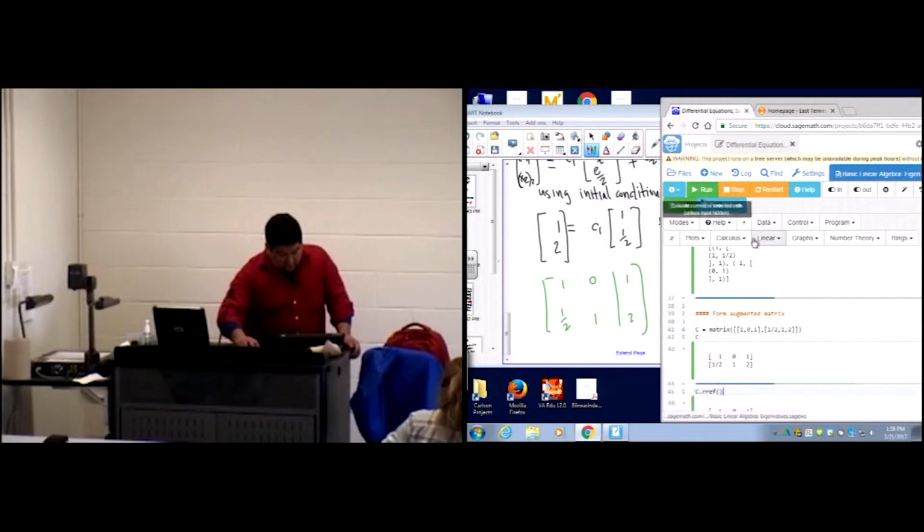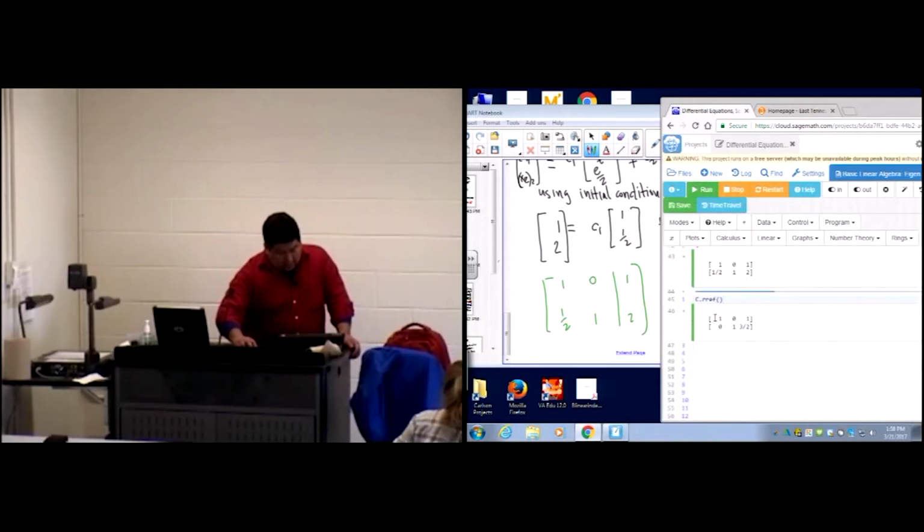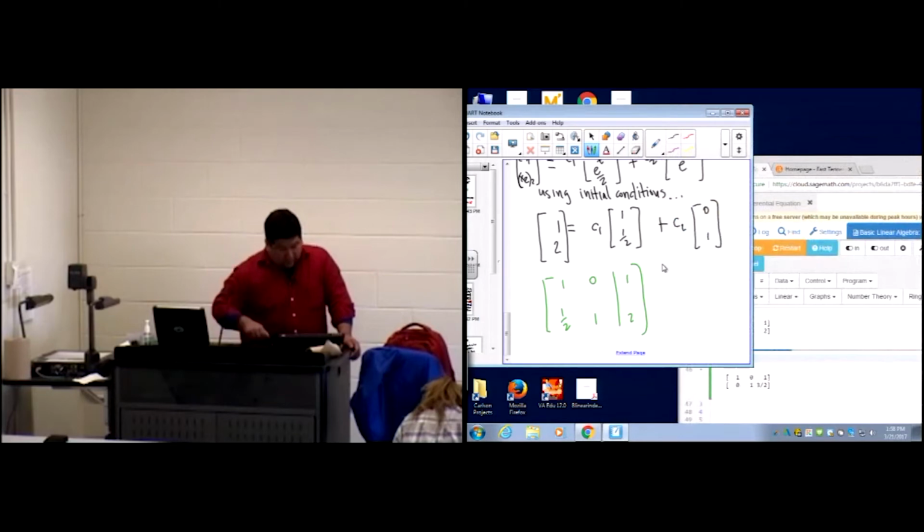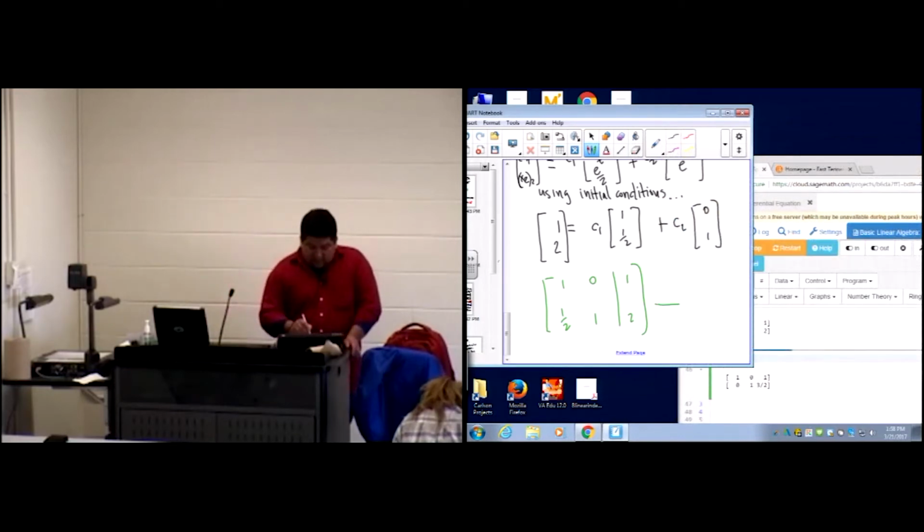And so the reduced row echelon form tells us the values we're going after. This has RREF of the form 1, 0, 1, and then 0, 1, 3/2.